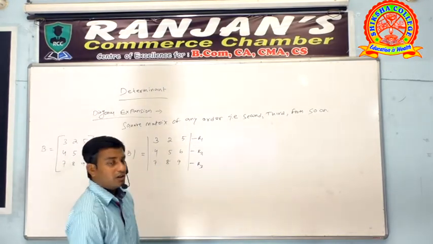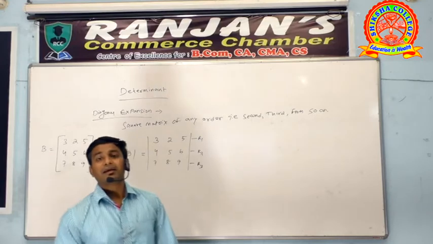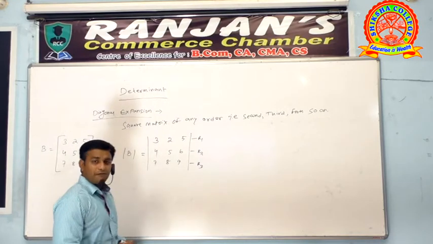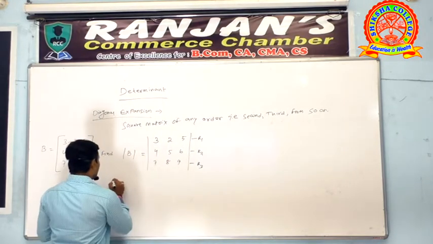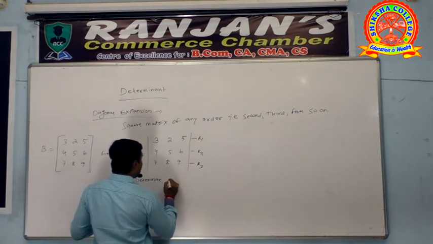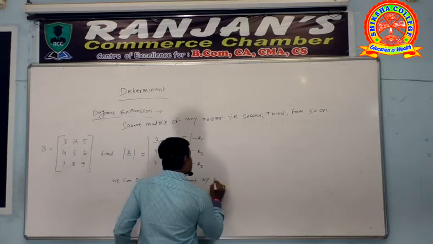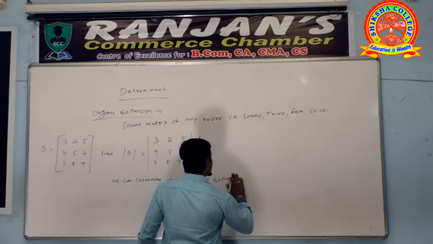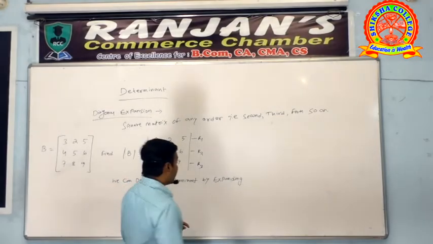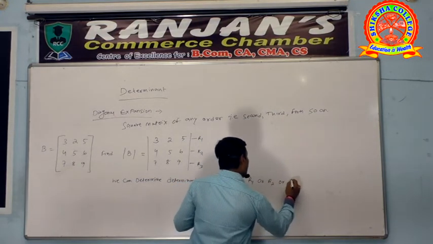First of all, we have to remind a basic rule, so that we can determine or calculate the determinant by expanding row 1 or row 2 or row 3.